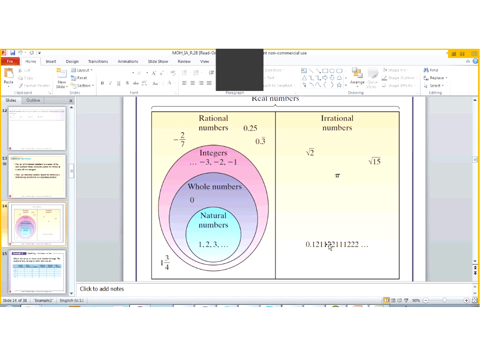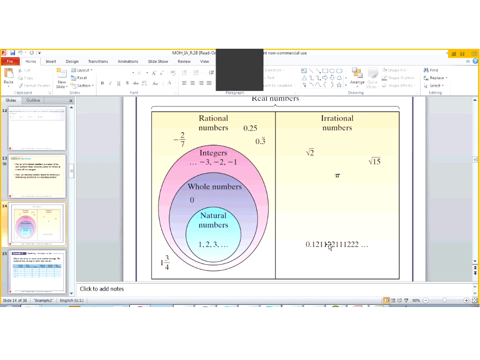Integers would be the numbers that include 0, all the positive numbers, and also all the negative numbers. And the rational numbers like 0.25, 0.33333. This bar means that the 3 repeats itself. So the difference between rational numbers and irrational numbers is when the digits right after the decimal point repeat themselves or terminate, going to 0. The remainder becomes 0. So 1/2 is a rational number.